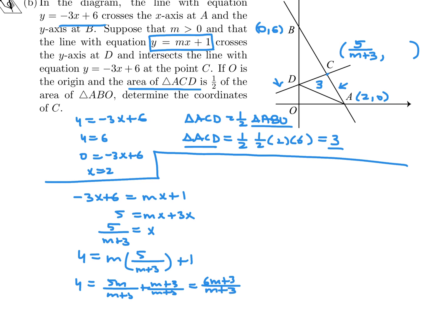Okay, so I think now we can get to the final step. I'm going to have to figure out the coordinates of D. D is using this line, y equals mx plus 1, when x is 0. When x is 0, y is 1. So (0, 1) are the coordinates for D.